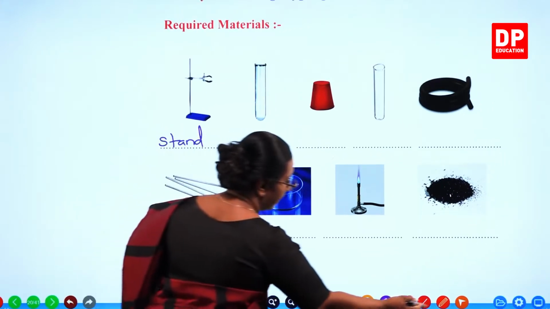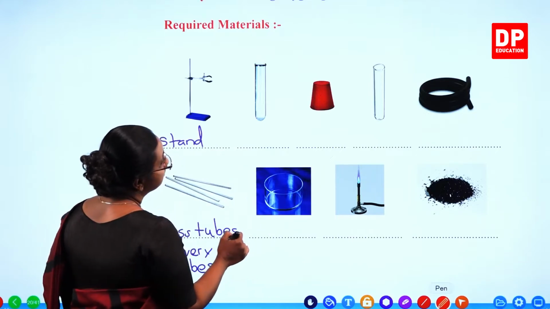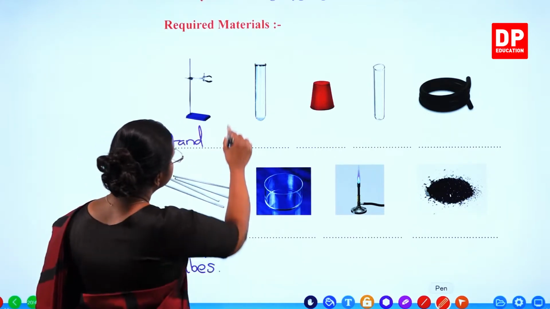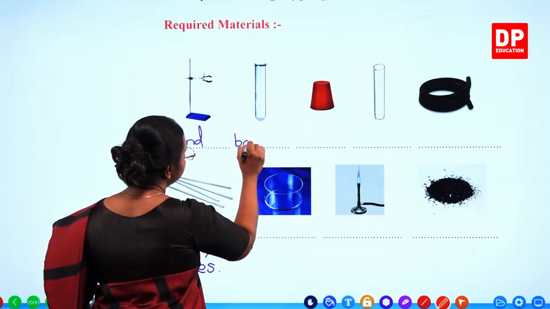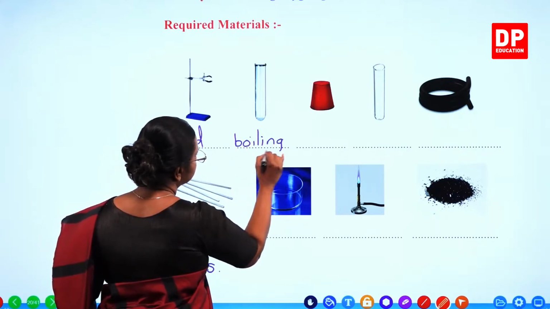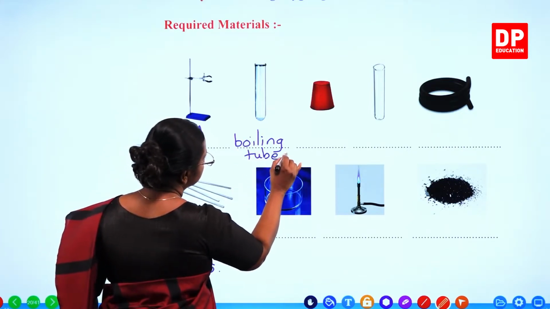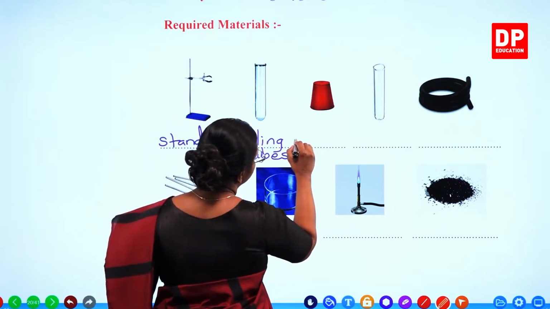Then we have the other materials. Now here we need boiling tubes. Then we have the rubber stopper.